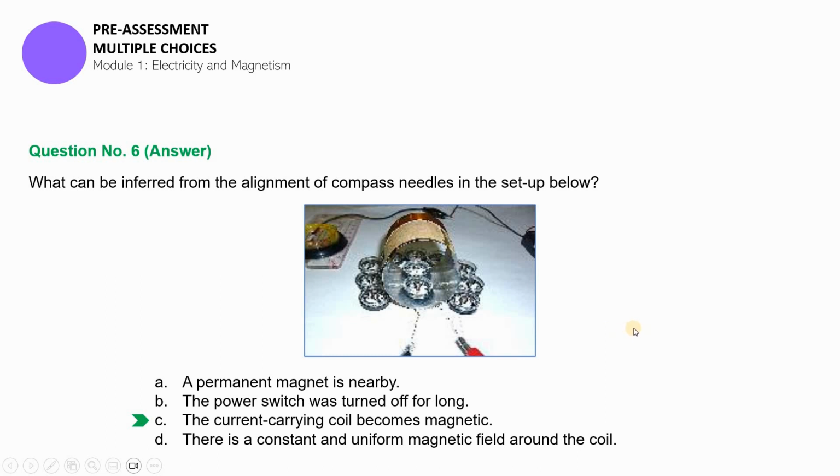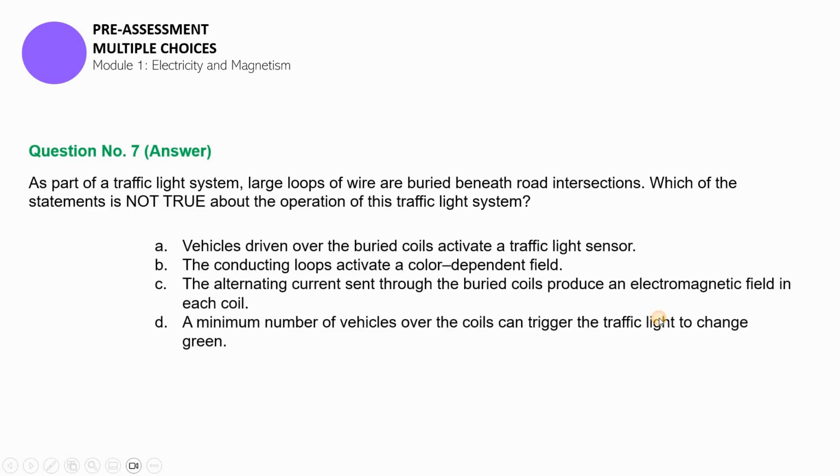The correct answer for question number 7 is letter B. The conducting loops activate a color dependent field.